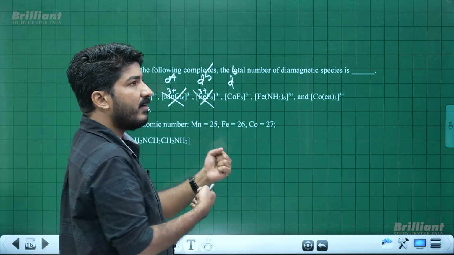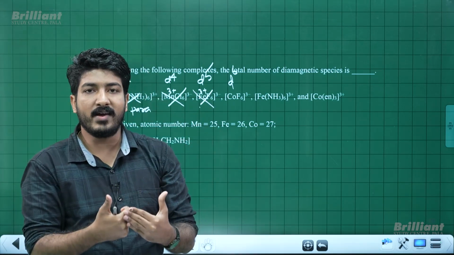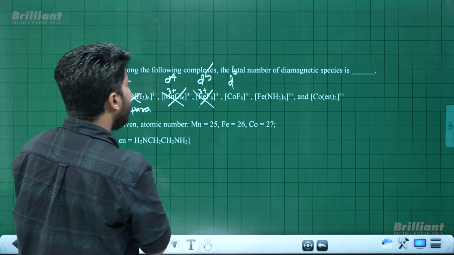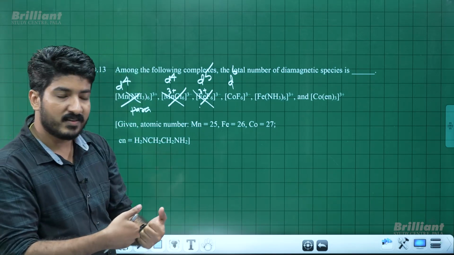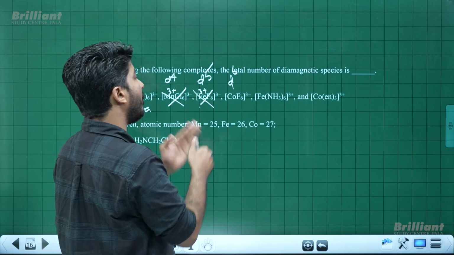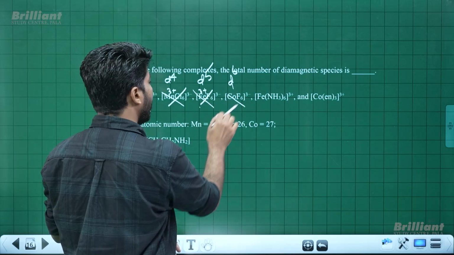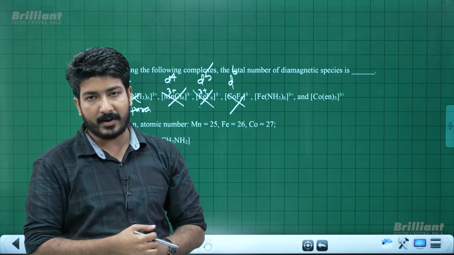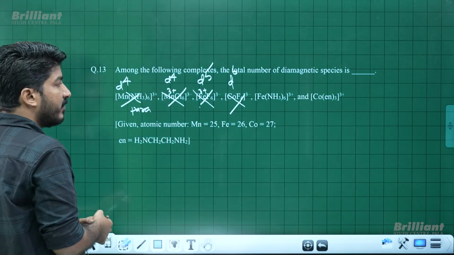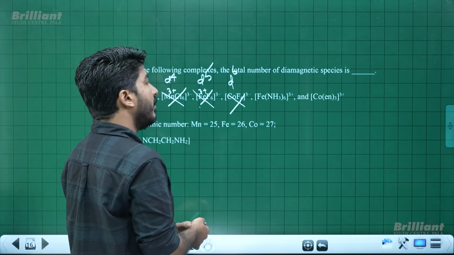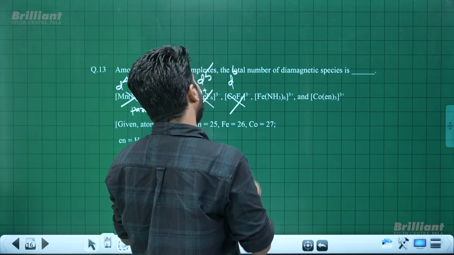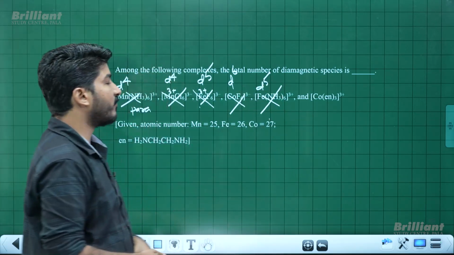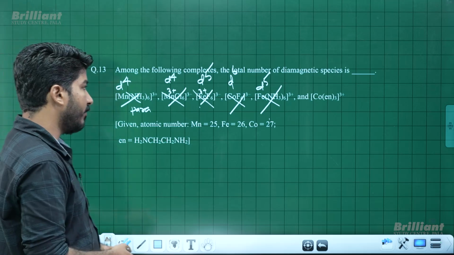Here the ligand is the weak fluoride ion only, so fluoride will not force pairing of the 6 electrons of cobalt 3+. Therefore this will remain a high spin complex and it will be paramagnetic, with 4 unpaired electrons on the central metal. Now Fe(NH3)6 3+, Fe3+ again, which is d5 with odd electrons, so paramagnetic it will always be.